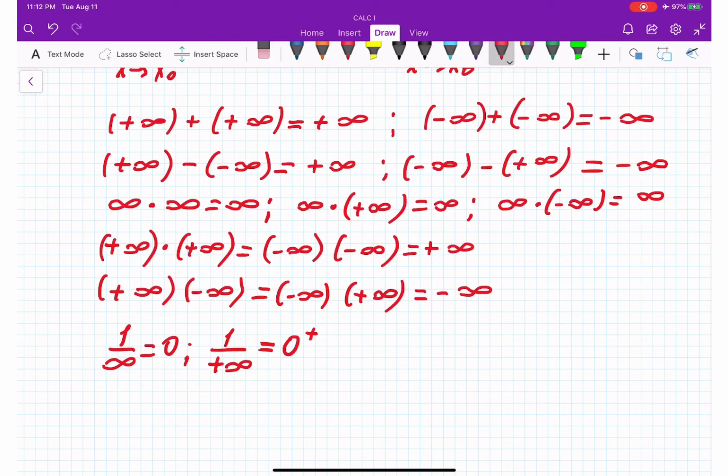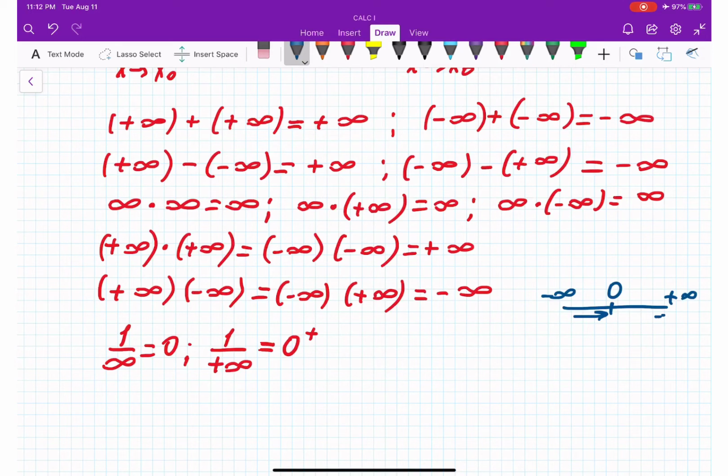It's like this: this is your 0, this is positive infinity, this is negative infinity. If it's a one-sided limit, we will learn what a one-sided limit is in a video or two.